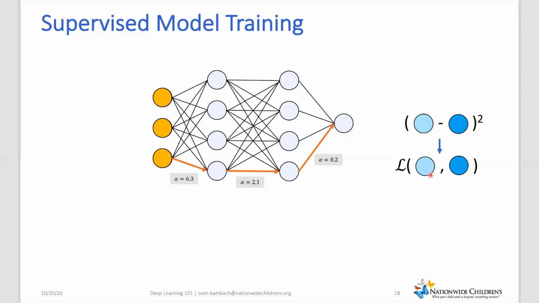The important thing is that this loss function depends on the desired output and the actual output. Well, the actual output is just a function of all your alpha values, of all these network weights, right? So really the loss function is a function of your network weights, which are the parameters of your model, and the desired output, which is what you want the model to predict.